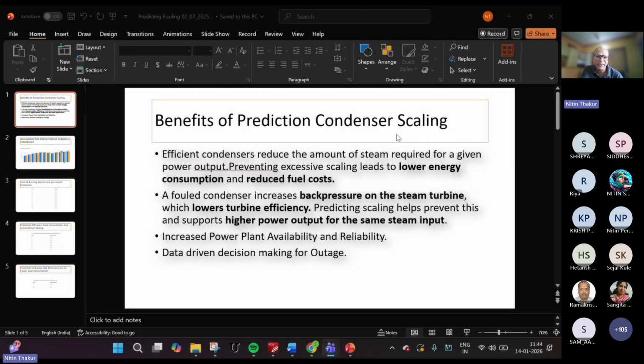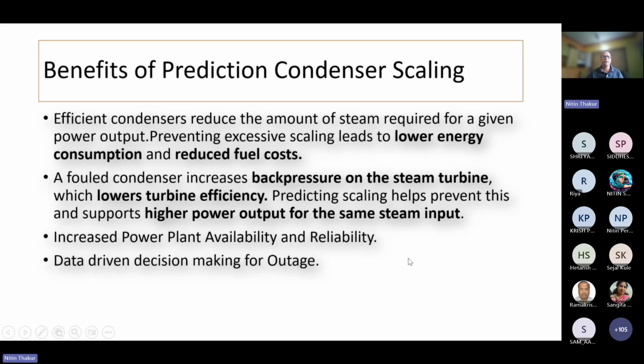So, first, what is the benefit of doing this condenser scaling? I just want to start with a story.